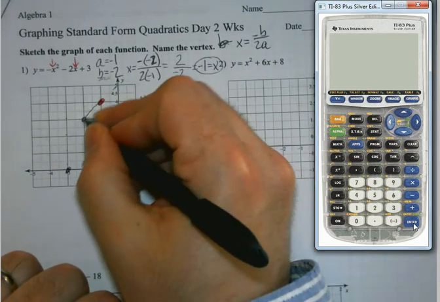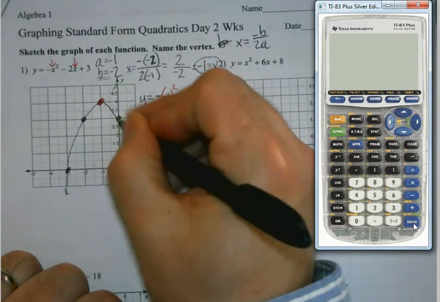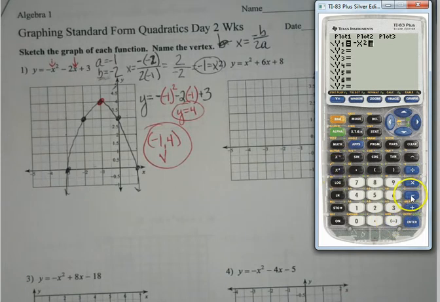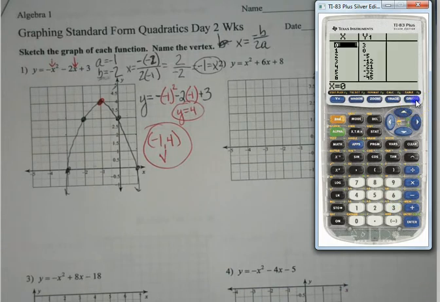Now, if I don't remember the pattern, and you've had it in the notes a couple of different times, so you'd even have it there if you needed it. If you don't remember, we always have the calculator as a backup plan. So I could just type it in and use the table, and I see at 0, my point's at 3, just like I have here.